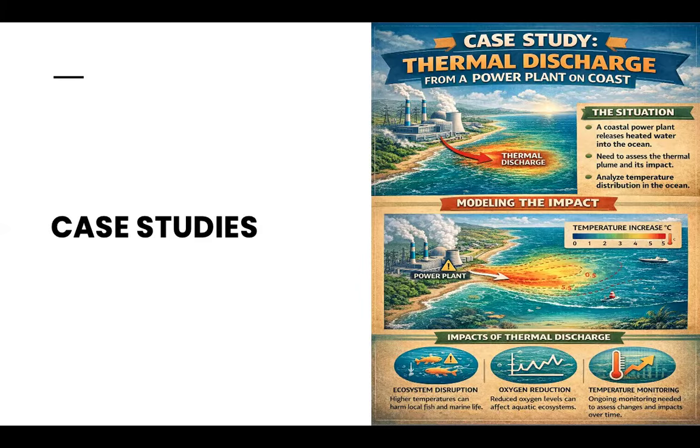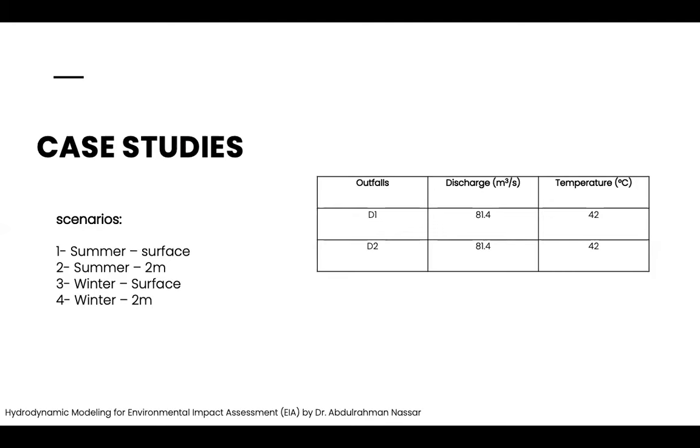So here we got this information that we have a discharge flow and a temperature, and we should collect the other data: wind, tide, all that we mentioned. And we do scenarios, which means we should have summer and winter scenarios, and surface and 2 meter depth scenarios. So we have a total of 4 scenarios for our model. We should check all the results of this.